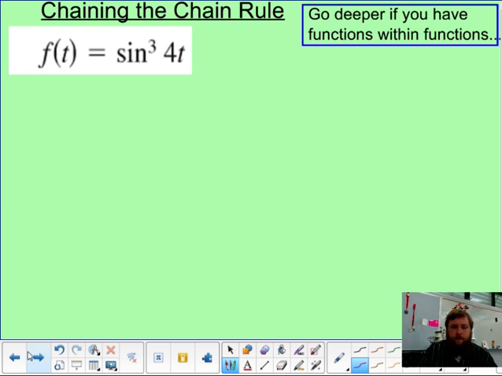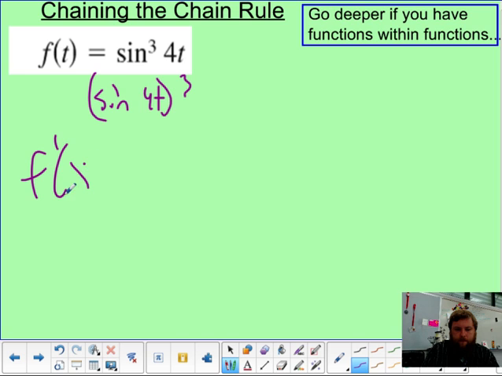All right. So chain rule. Sometimes you can go deeper. You can chain a chain, keep going deeper. So I can rewrite this as sine of 4t to the third power. So the derivative f prime of t: you've got the sine of 4t, but then you have the 4t inside of the sine. So we're chaining, we're just going deeper.